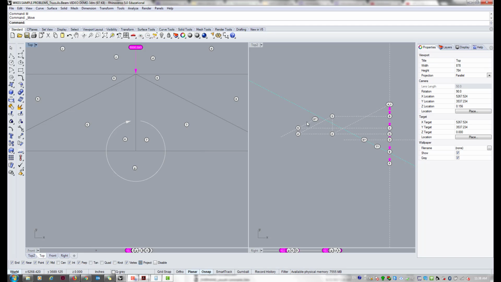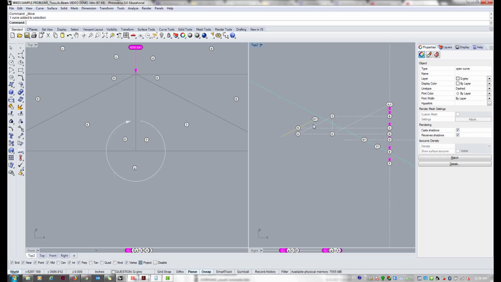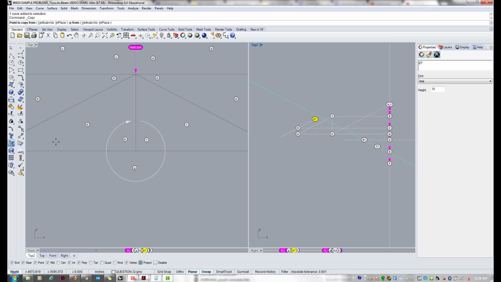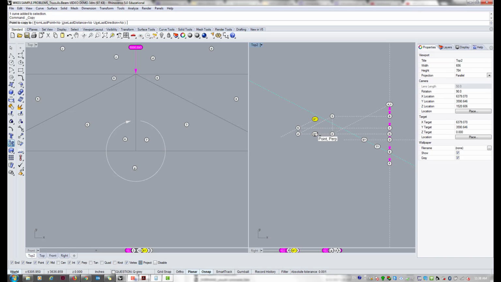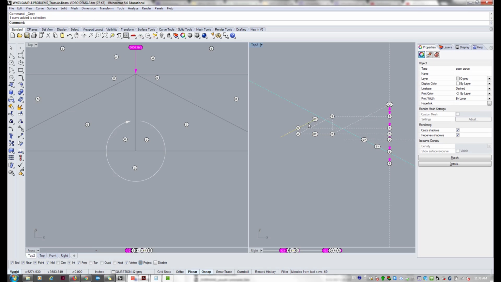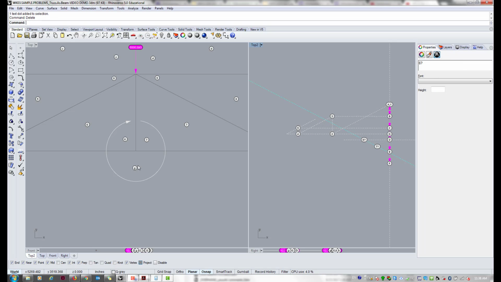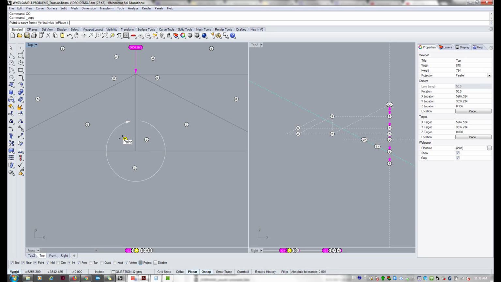So that really helps us locate this point 6, because it must be on a horizontal line starting from G, and it's on this diagonal starting from point 5 too. So really the only possibility for point 6 is right there. And you can remove that extra portion of that line.